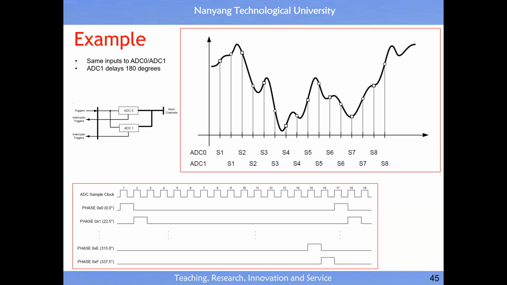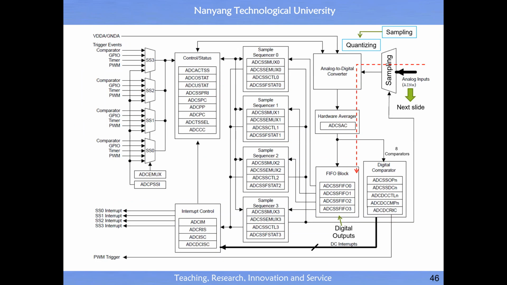For example, the maximum sampling rate for this sampling device is 1 million per second. If we create a phase shift of 180 degrees, then we can double, we can have 2 million data samples per second, because we just offset by 180 degrees, all right? But both of them take the same input, okay? So this is this application. But if you drive a bicycle, you can ignore this one. Does not matter, all right?